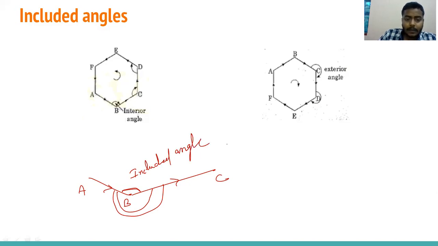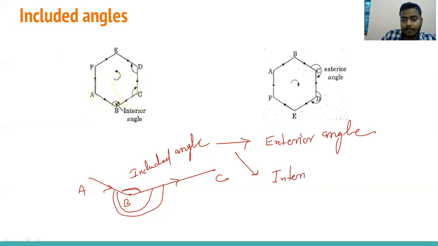Included angles are basically of two types. First is called exterior angle. Second we can call interior angle. For these two lines AB and BC meeting at a point, we can call this angle the included angle.